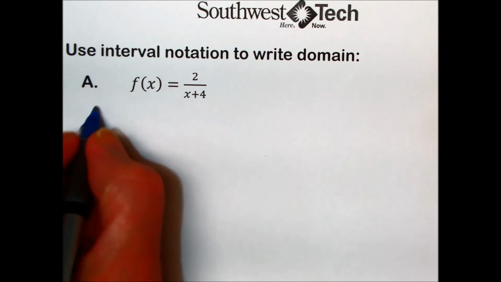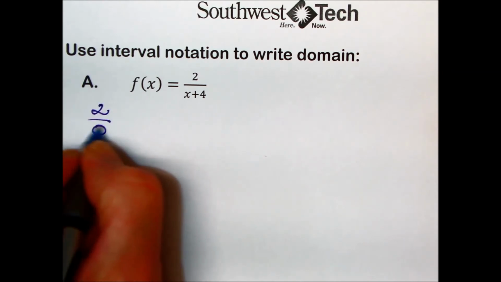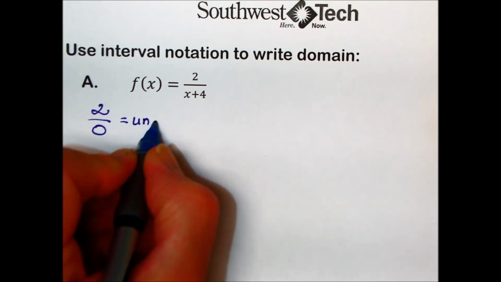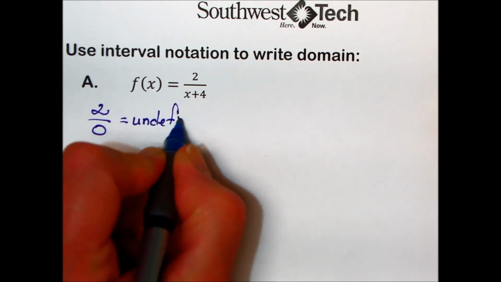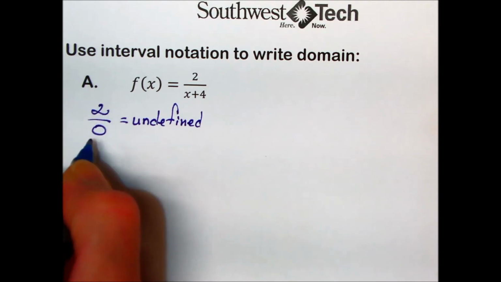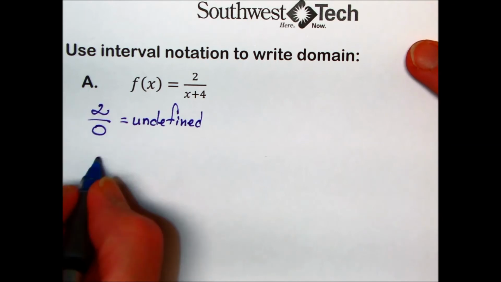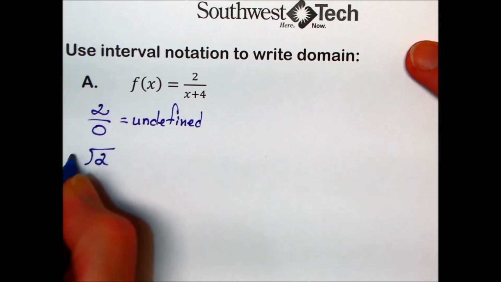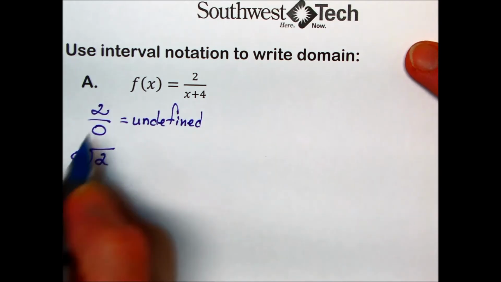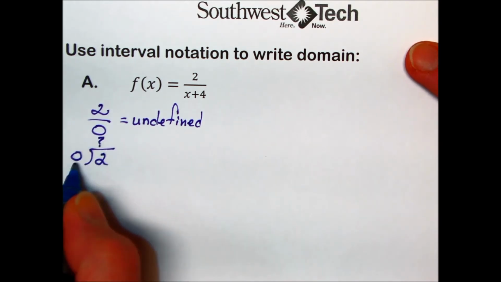When you have 2 over 0, this is not possible, and mathematically it is undefined. Anytime, regardless of the numerator, if the denominator is 0, we can't do that operation. And if you look at this in the division that the fraction is representing, 0 times what gives you 2?